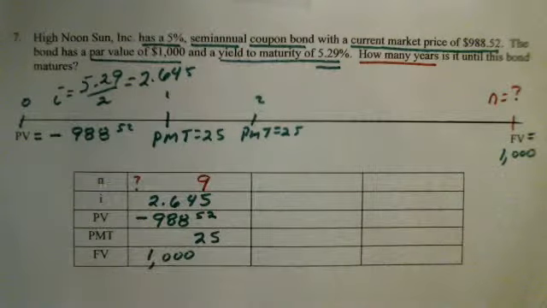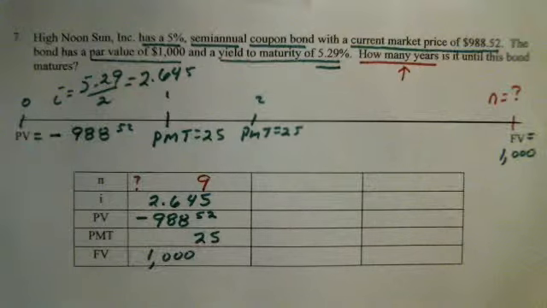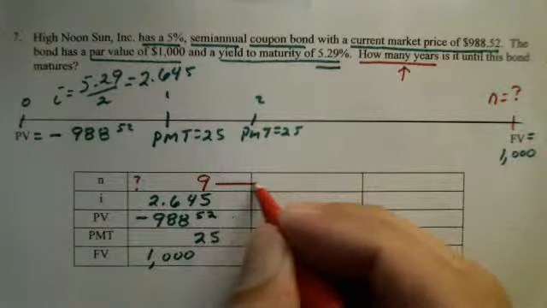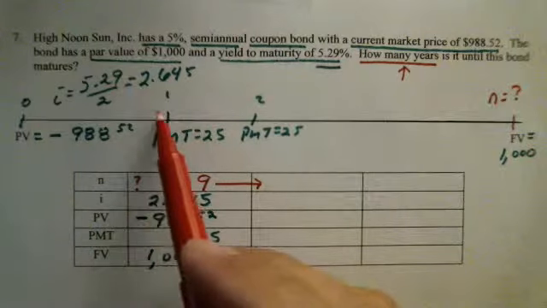We're not done with the problem. Here's why. N indicates how many time periods. So N is the correct answer for how many time periods. But did it ask for how many time periods? The answer is no. It asked for how many years. So what we have to do here is say, well, if it's 9 time periods, that means I have 9 half years.